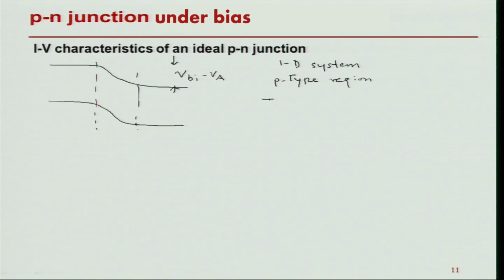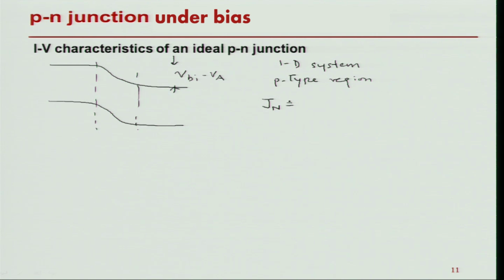What would be the current equation in the P type region? And let us look at the equation for the electron. Why electron? Because we just showed you qualitatively that it is the injection of the electrons from the N type to P type which would be giving rise to the diffusion current. So, it is the electron diffusion current in the P type which is what we are interested in.